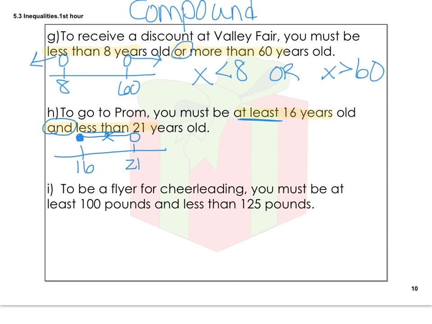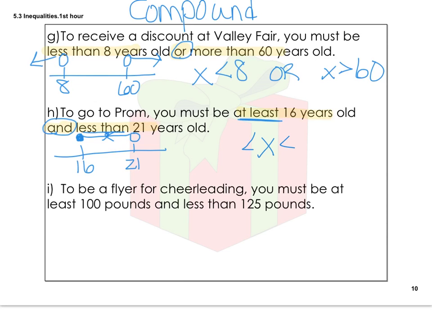So here's how we write an and inequality. Notice that we're shading in the middle. So the letter that we pick is going to go in the middle. So I'm going to put an X. You always put two less than signs. Always.